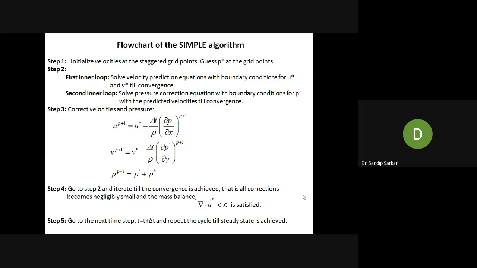Sir, first of all we are calculating the variable value. We have initialized the guess value, and then after that we are solving the equations, and then we are updating the U P plus 1 value. We're not updating, we're correcting the U P plus 1 value.